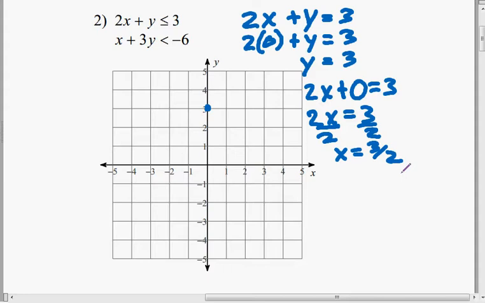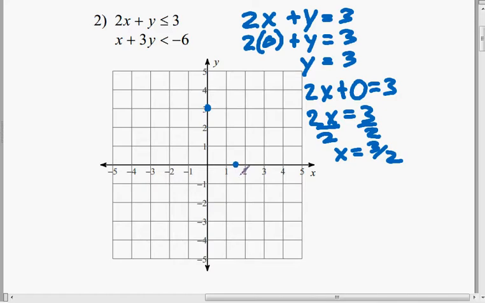Be a little challenging, but y is 0, so I'm on the x-axis. I start at 0. I go up by 1/2, 1/2, 2/2, 3/2. So 3/2 is 1.5.